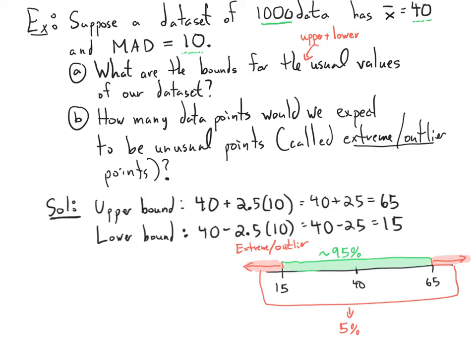So we worked out part A. Here are bounds for our usual values. Anything between 15 and 65 we'll call usual values. And if we expect 95% of our data to be usual points, well, 5% are going to be unusual points.